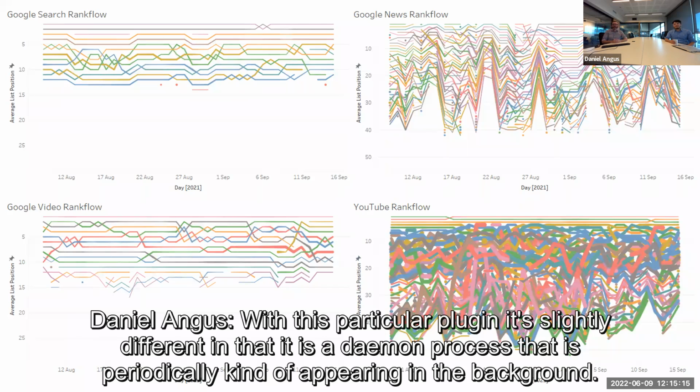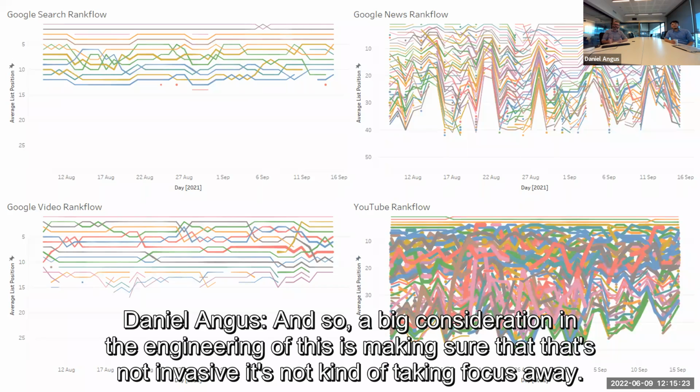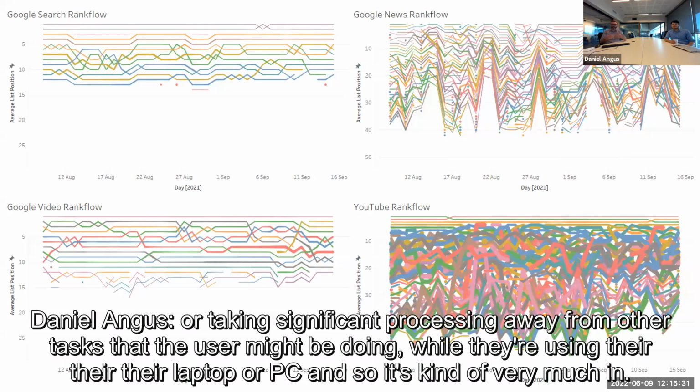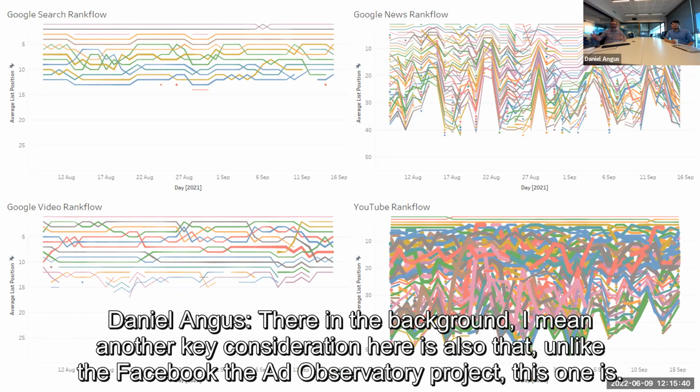With this plugin, it's slightly different in that it is a daemon process that periodically appears in the background. And so a big consideration in the engineering of this is making sure that it's not invasive, not taking focus or significant processing away from other tasks that a user might be doing while they're using their laptop or PC. It's very much there in the background.